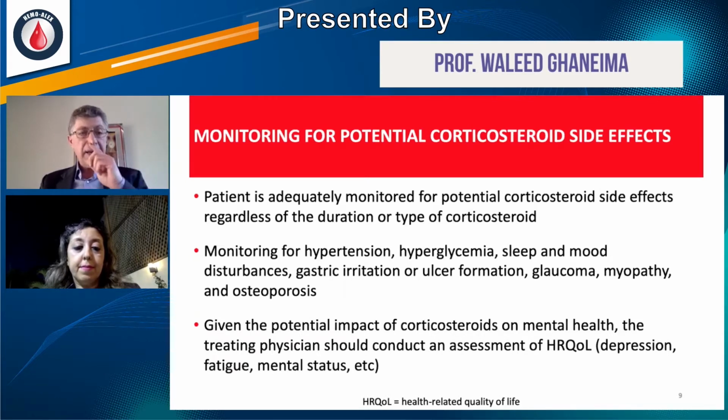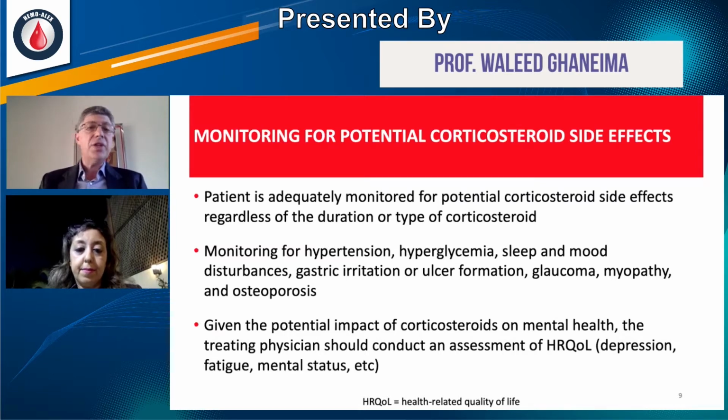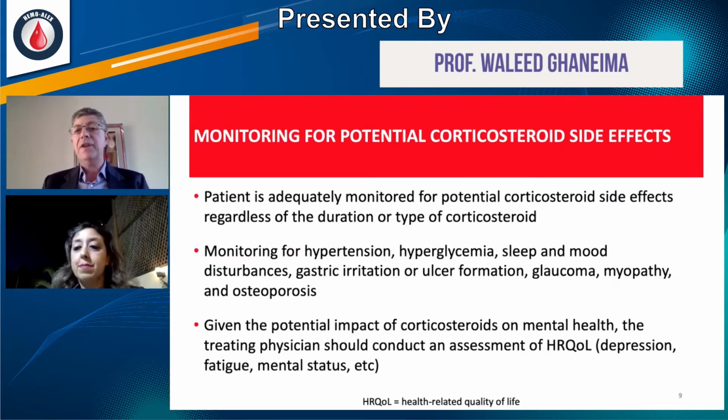And then another statement that I wanted to show, saying that given the potential impact of corticosteroids on mental health, the treating physician should conduct an assessment of health-related quality of life, depression, fatigue. Both guidelines actually say you should assess health-related quality of life.